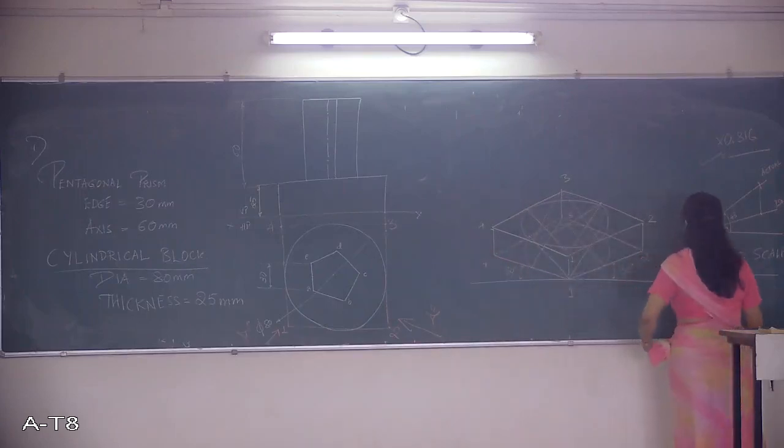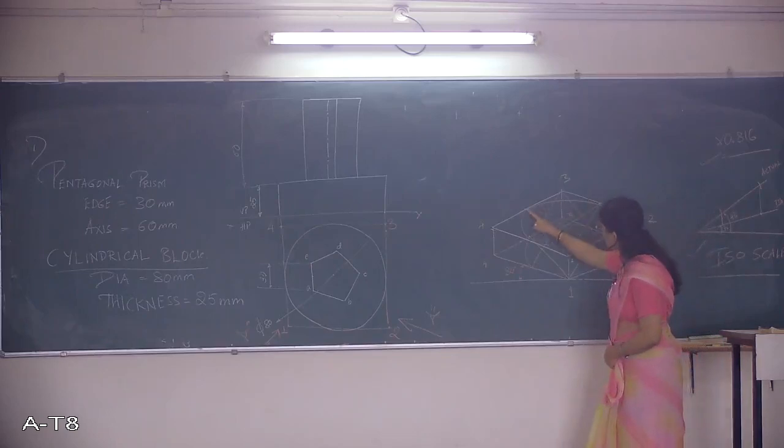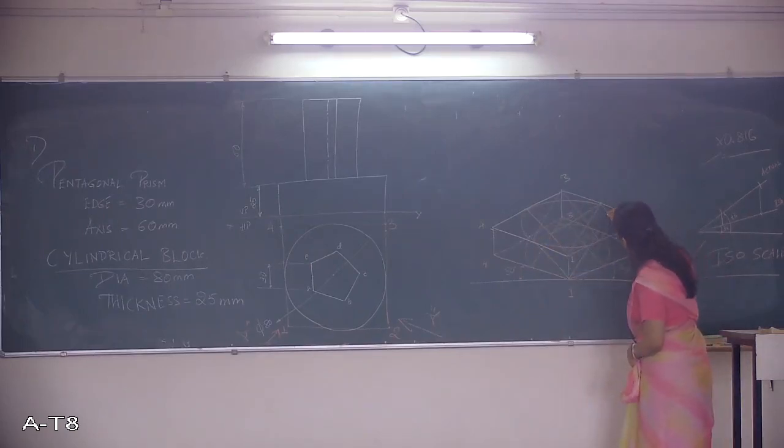Once you get this top surface, you can see here, you have got one ellipse and another ellipse. These 2 ellipses should be joined together by tangents.